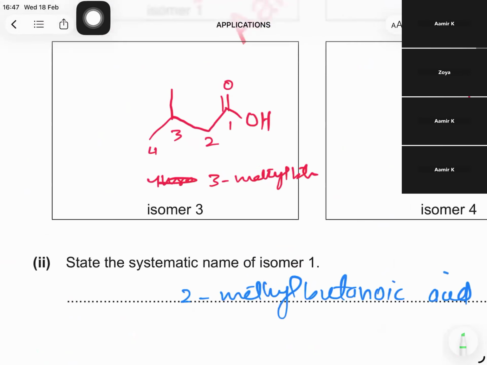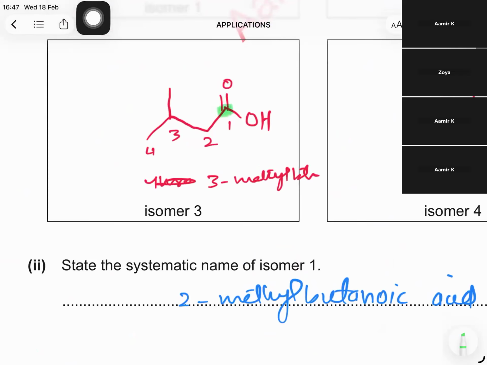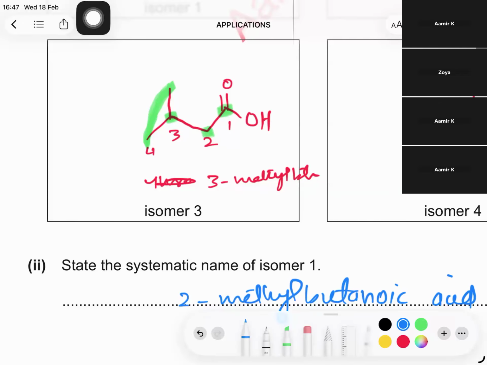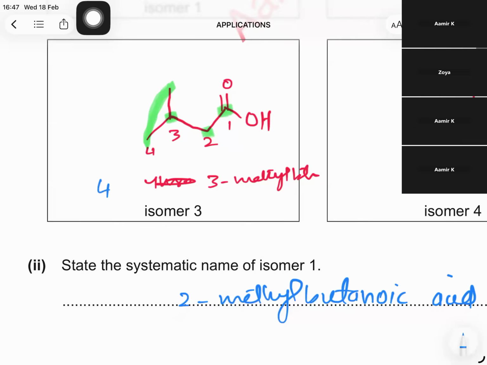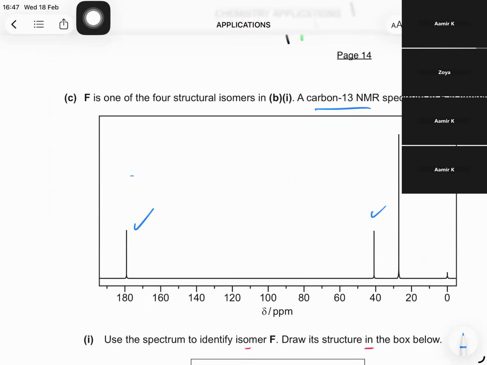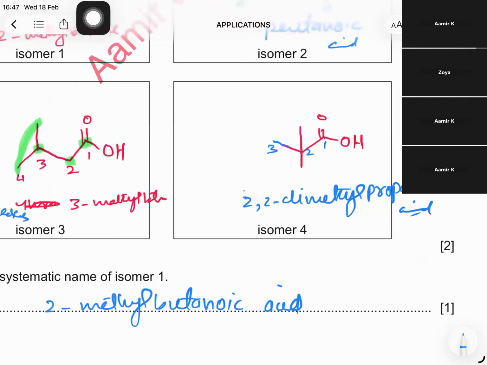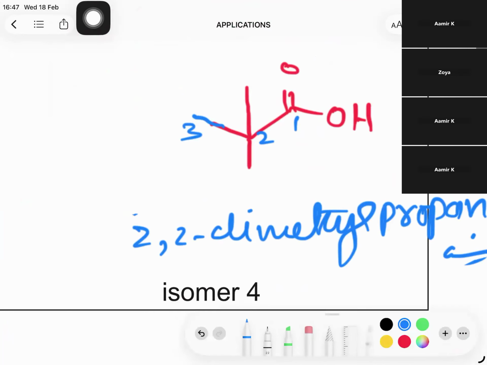What about number 3? 1, 2, 3, and these 2 have the same peak, so 4 peaks. Still not the answer, because we're looking for 3 peaks, as the NMR spectrum we are referring to has 3 peaks. What about the last one? The only one left.